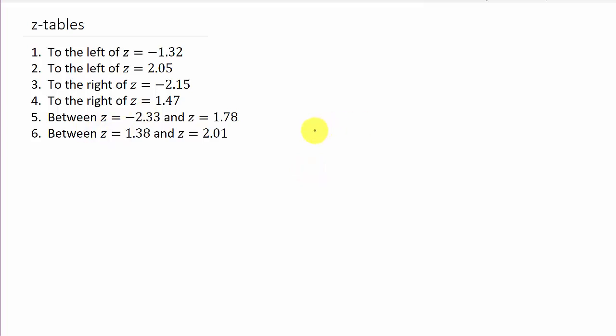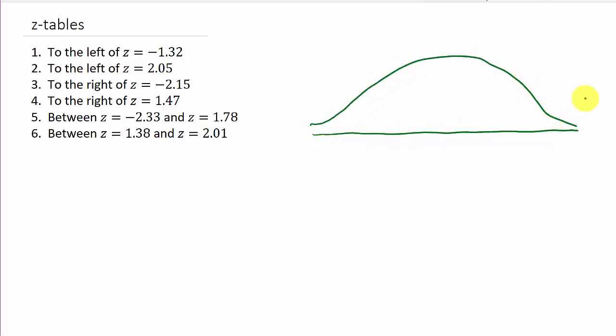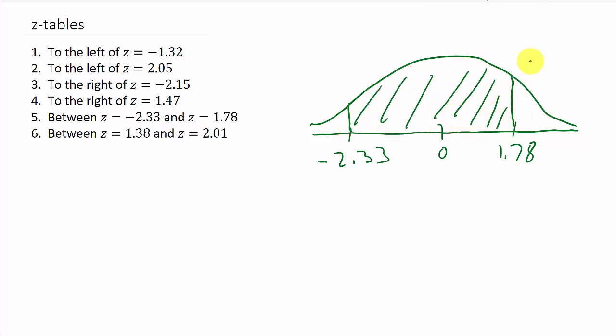Between negative 2.33 and 1.78. All right, so we're looking for this area here.